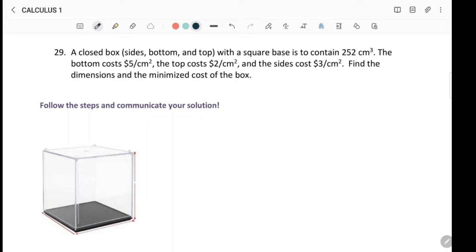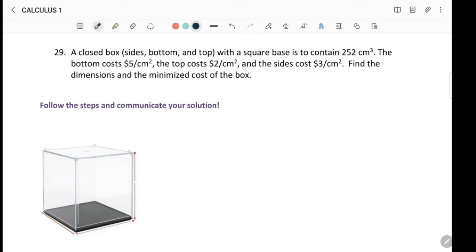The bottom costs this much, the top costs $2 per centimeter square, and the sides cost $3 per centimeter square. So bottom, top and the side costing price are given. Find the dimensions and the minimized cost of the box.